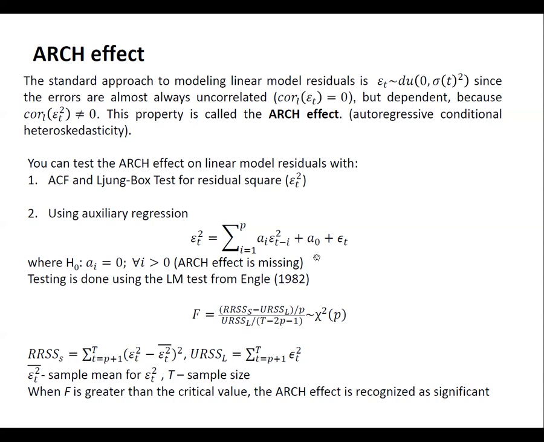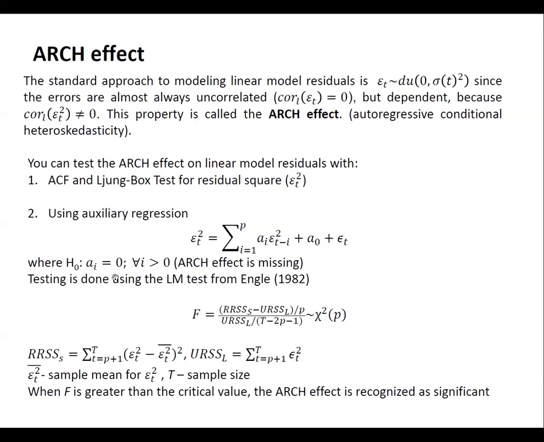To build such an auxiliary regression, the hypothesis is tested for the simultaneous equality of all coefficients of this model to 0. That is, H0: all these regression coefficients equal 0, and that is, there is no ARCH effect.